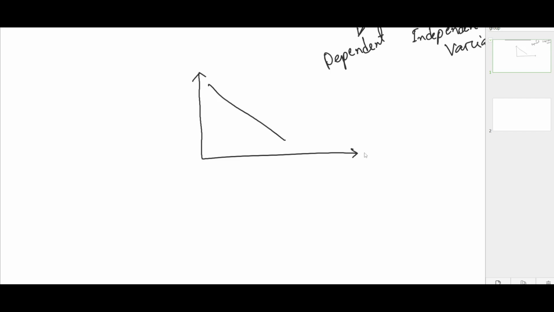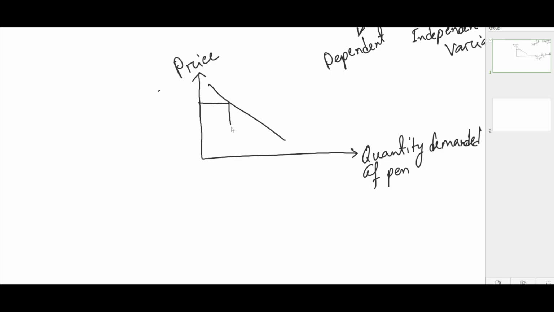The horizontal axis represents the quantity demanded of pen. The vertical axis represents the price of the pen. If we look at the line of this graph, there are two points.